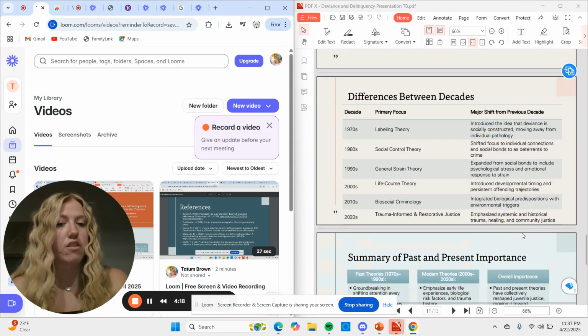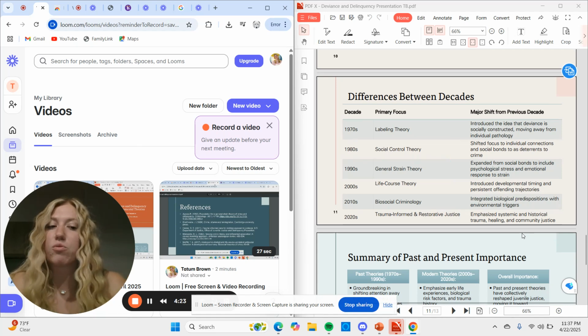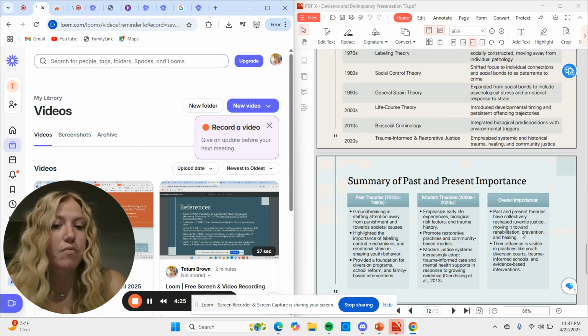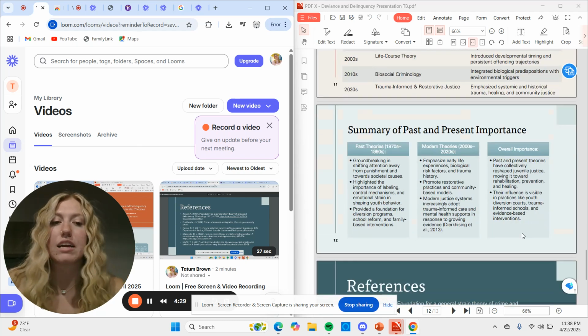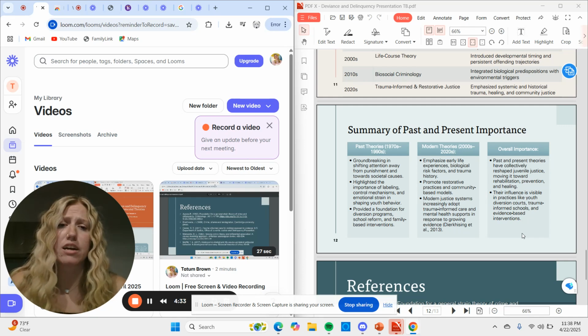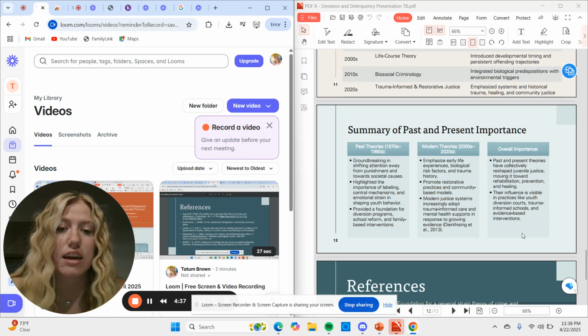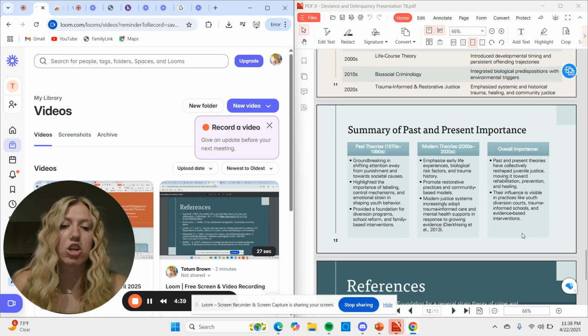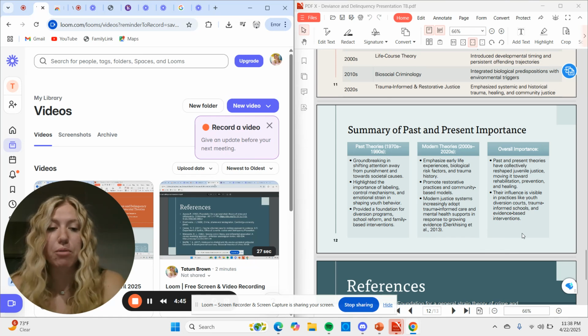I made a chart for the differences, the 1970s through 2020s, if you want to look at that. And then I have a summary of past and present importance. The main thing for the past theories, 1970s to 1990s, is pushing away from punishment and toward societal causes, and a foundation for diversion programs.